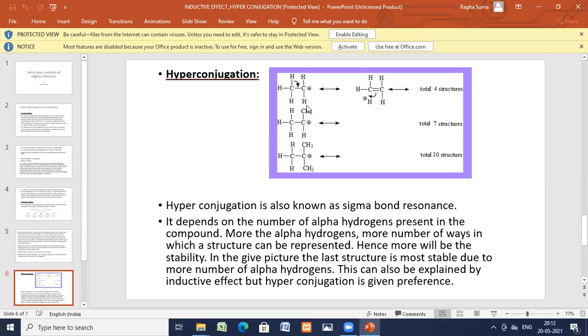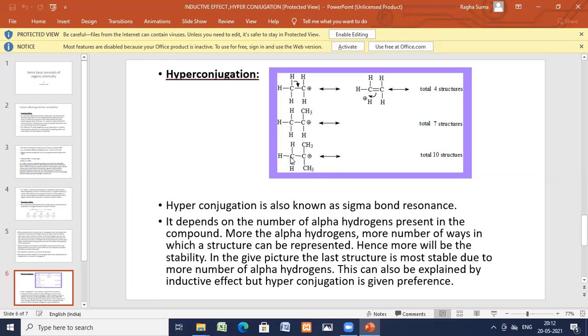In this way, the conjugation, which is a sigma bond resonance, depends upon the number of alpha hydrogens present in the compound. The more alpha hydrogens, the more ways the structure can be written, and the more stable it will be. In the given picture, the last structure is more stable due to more alpha hydrogens. Here you have 5, here it is 7, and here it is 9.